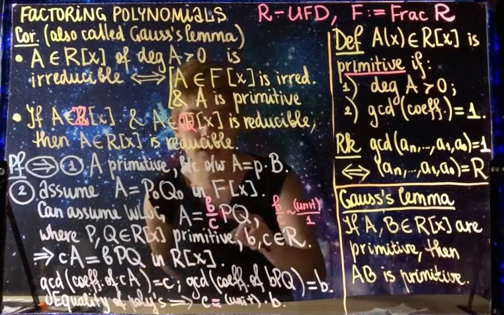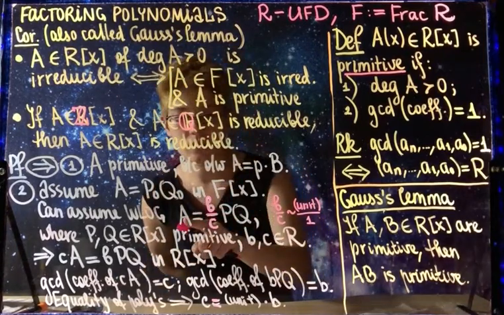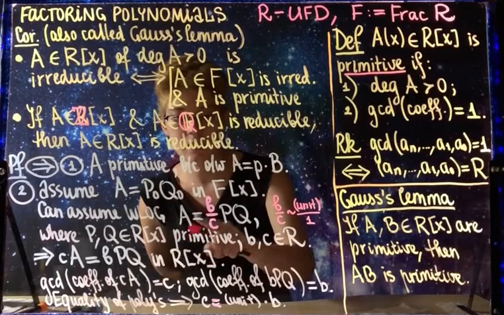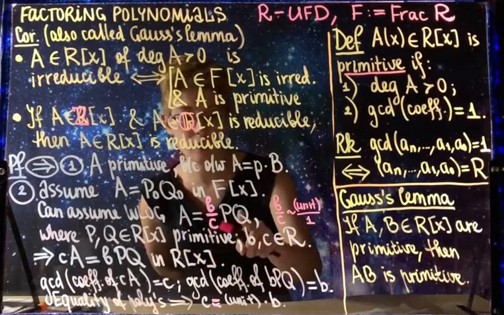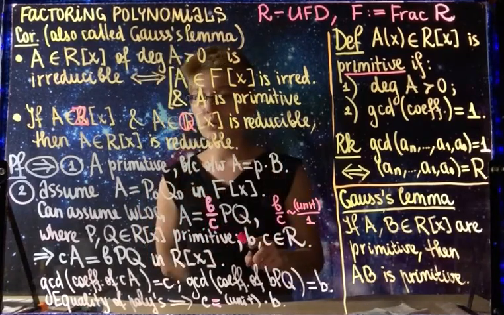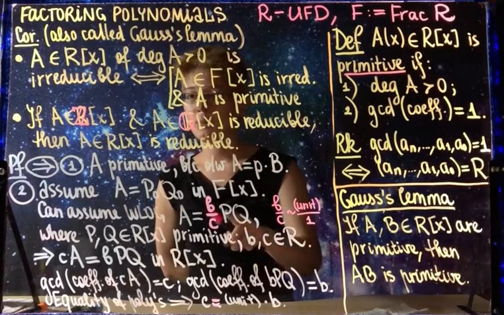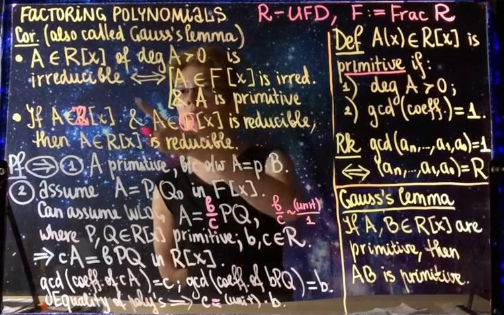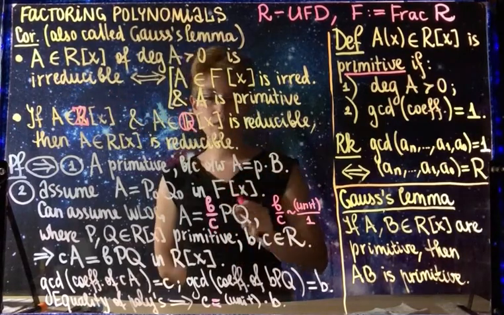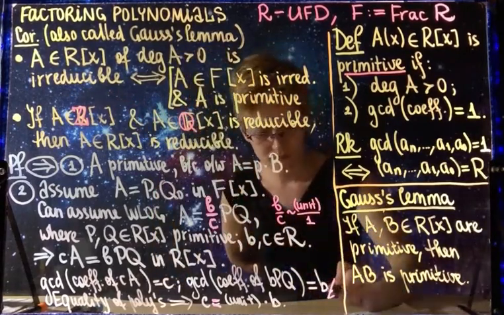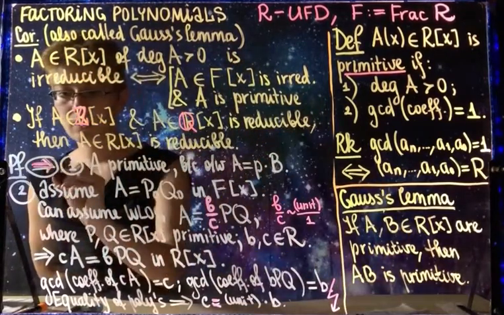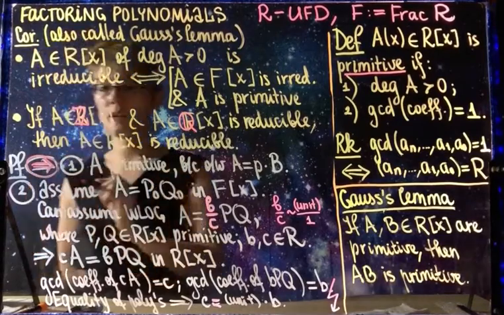And this means that we got a product in R of A as a unit times P times Q. So this contradicts our assumption that A is irreducible. And this is how we verify the forward direction.